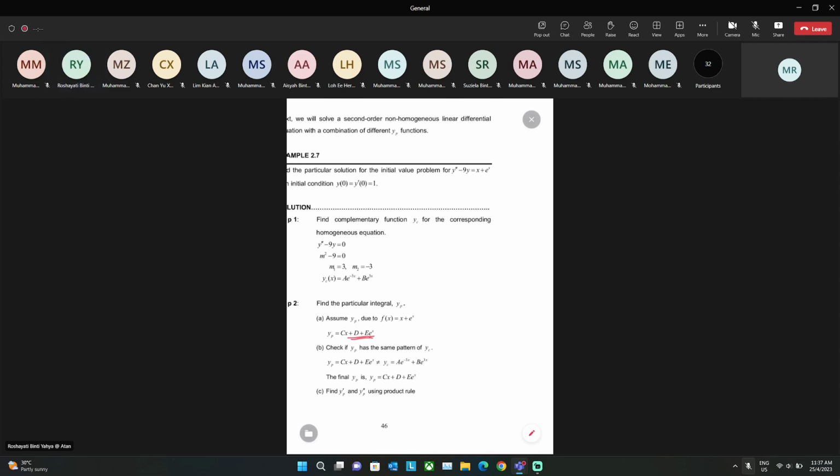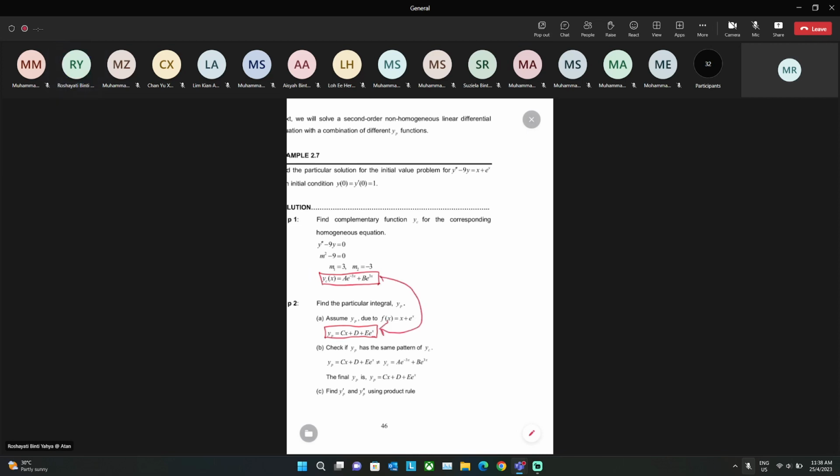Some students use the same constant repeatedly and then they get a different answer. And then the second step, check if YP has the same pattern as YC. So YP you have here, and this is your YC.